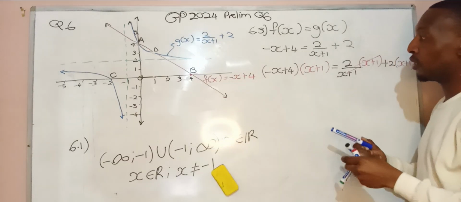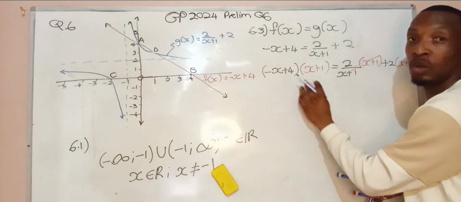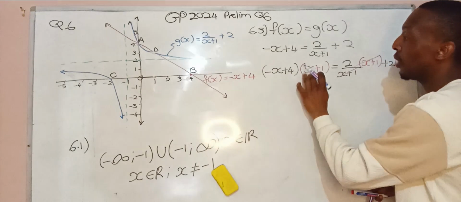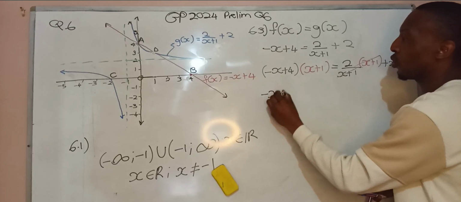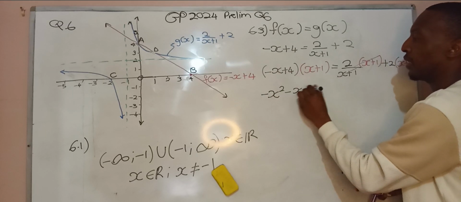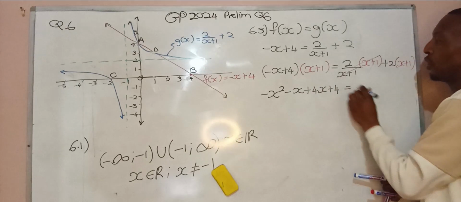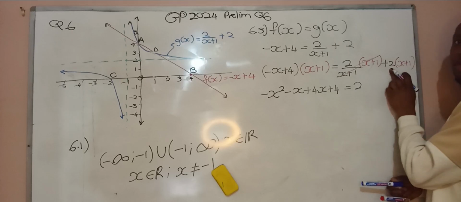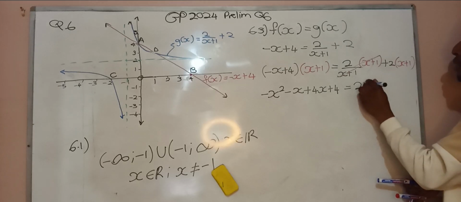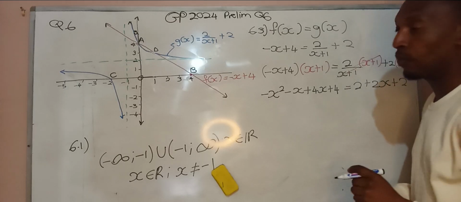So let's continue now. I've got a binomial times a binomial, so we can FOIL it out. That times that is negative x squared, negative x plus 4x plus 4, which is equal to 2. Distribute the 2 into this bracket, plus 2x plus 2.